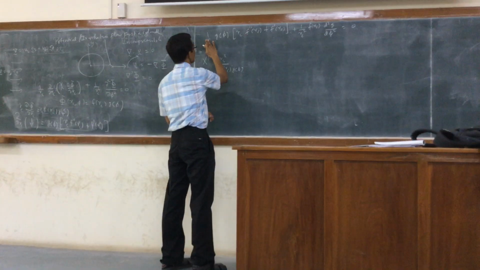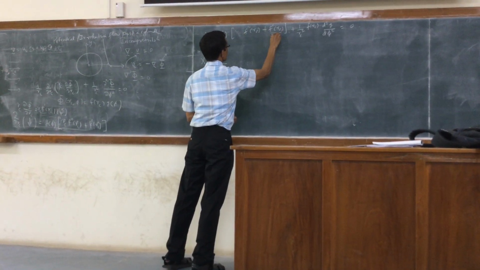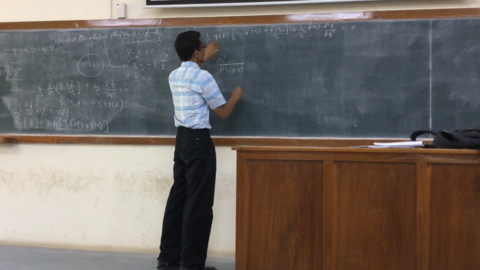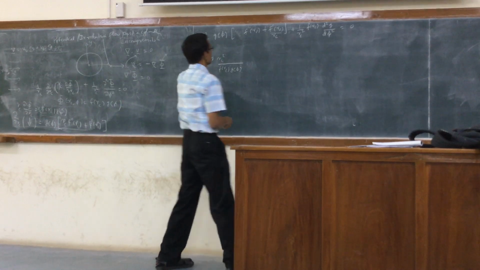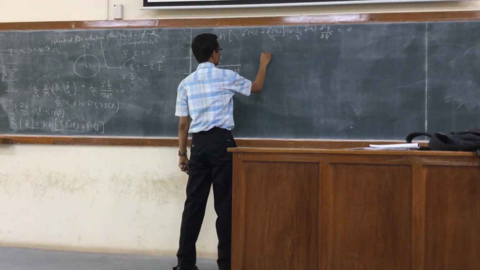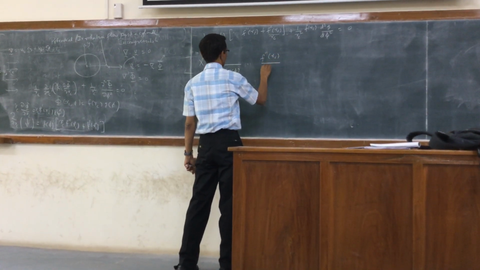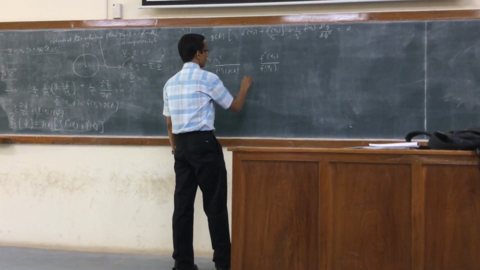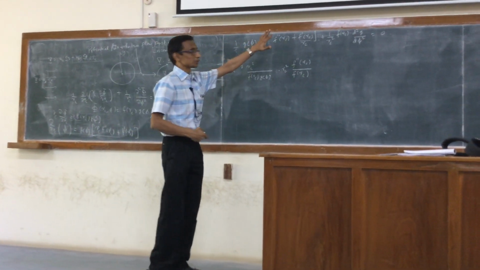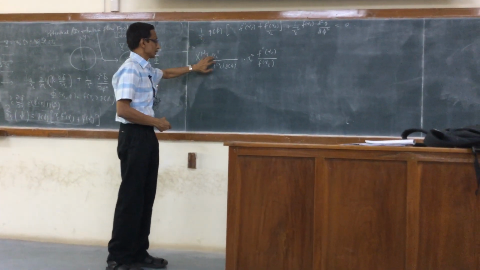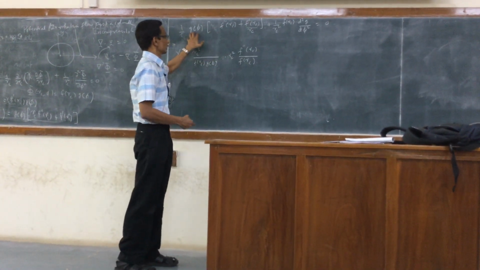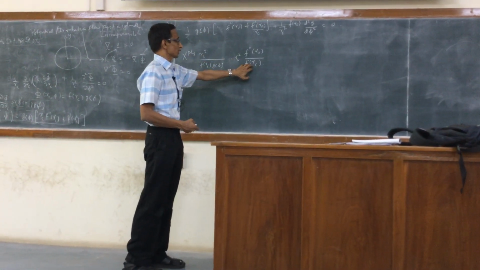I am multiplying the equation by rc squared and dividing by f of rc and g of phi, term by term. Divide by g of phi, this would vanish. Divide by f of rc, I get this.